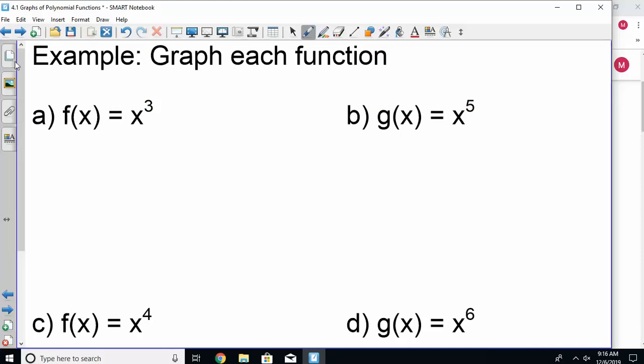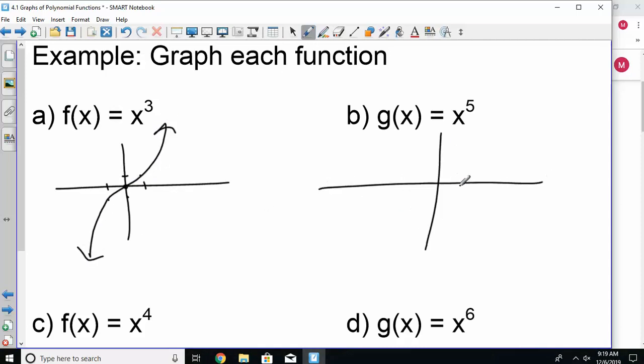What I want you guys to do, I gave you some grids. I want you to take a quick second, use your graphing calculator if you want. Just draw me a very rough sketch of what these things look like. So x cubed, you graph it, and it's just your chair. How does x to the fifth compare?